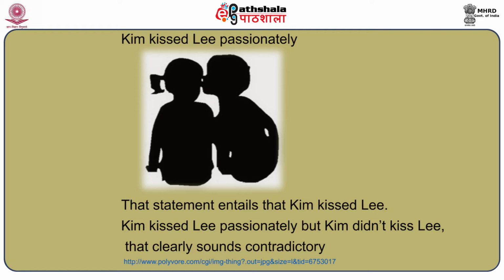That clearly sounds contradictory. If you continue your utterance of Kim kissed Lee passionately by saying but Kim didn't kiss Lee, it sounds strange, odd and obviously contradictory. This is very different from the case of implicature.